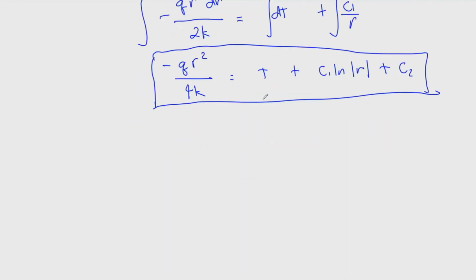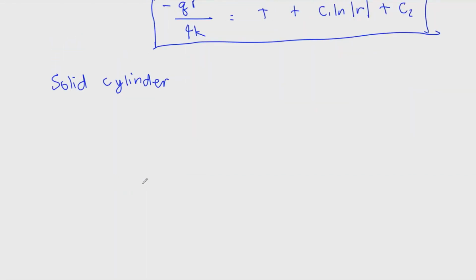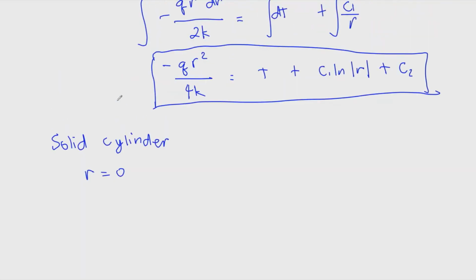Now, there are cases when cylinders are hollow or solid. If we have a solid cylinder, what we have here is that if r is equal to 0, we know that at that point dT is also equal to 0 since we're just starting to have the differential change in temperature.